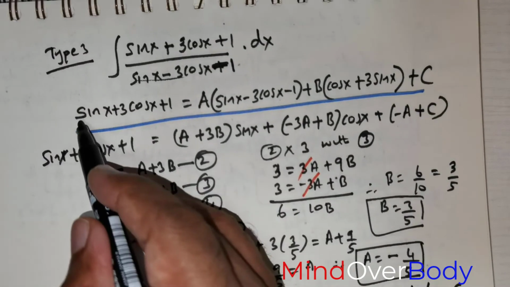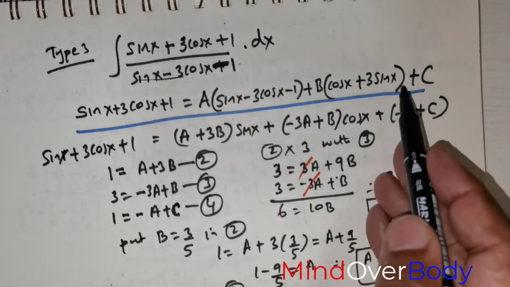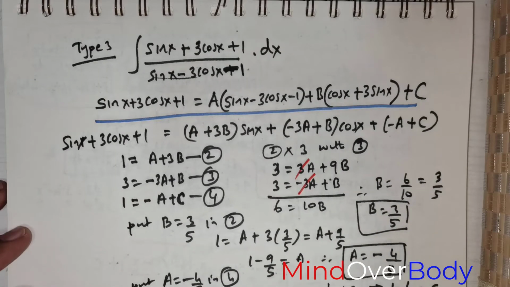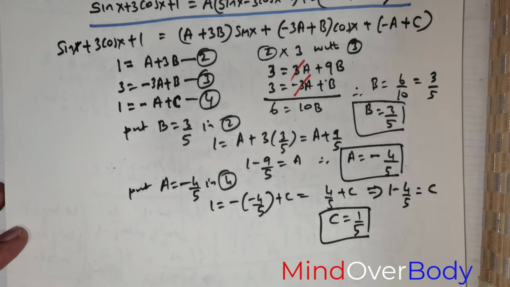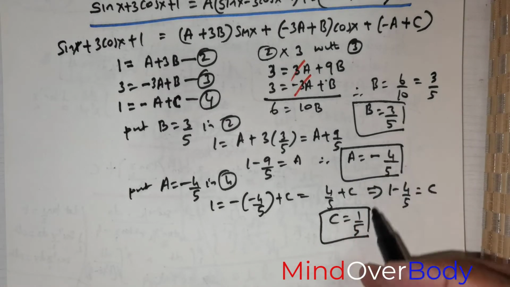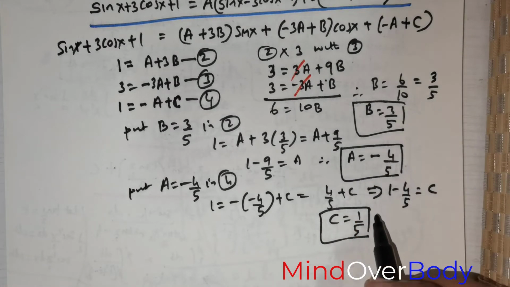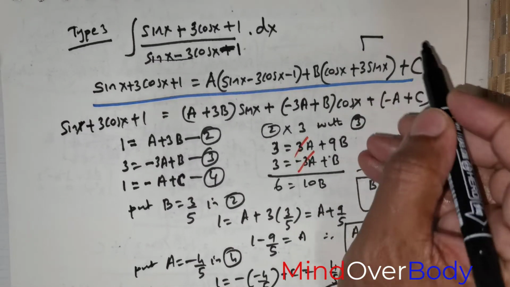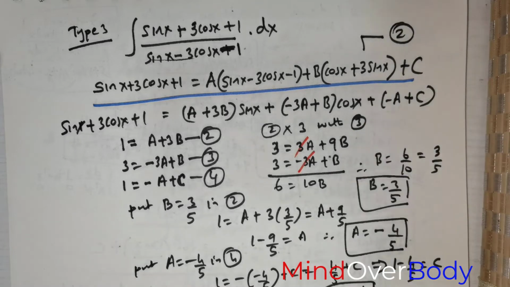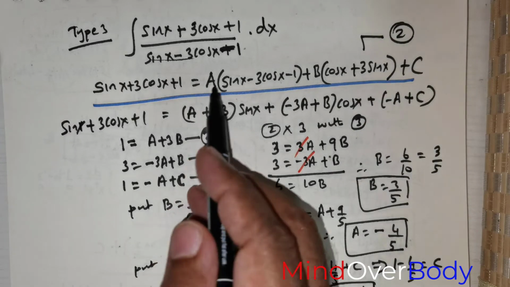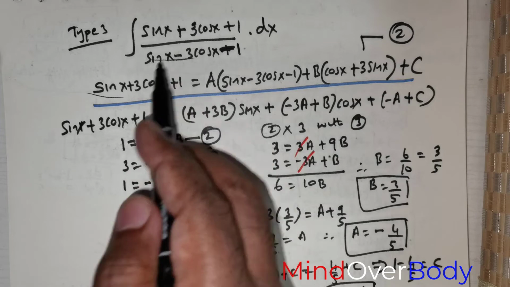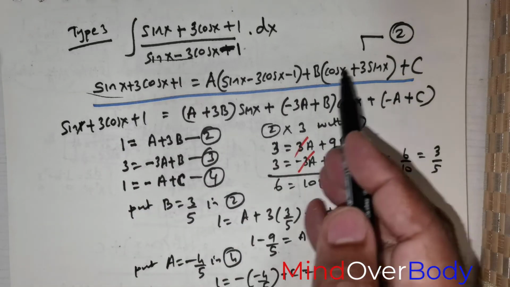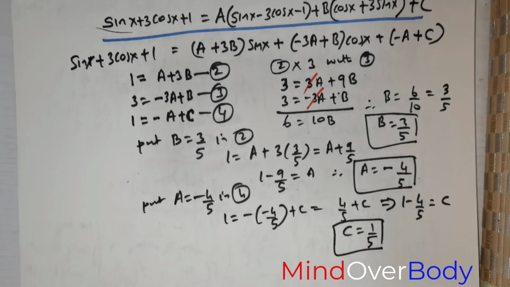So in place of this quantity, the numerator, I will have to substitute this. Students, having obtained the values for a, b and c, what we need to do now is take these values and substitute them. That's exactly what I'm going to do, and that would mean the numerator, which we have just taken here, would now be represented with the terms that you can see on the right hand side.